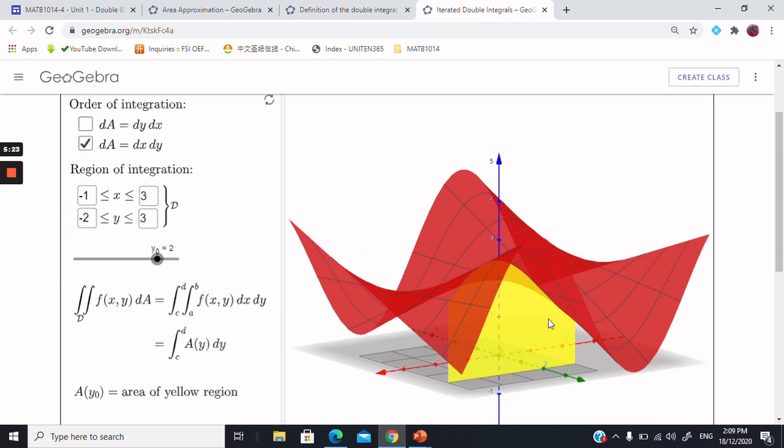In this graph, we want to find the volume of the solid bounded by the upper surface f(x,y) and the planes x equals -1, x equals 3, y equals -2, and y equals 3. If we look at these inequalities, we'll be able to see the region. It will be easier if we just refer to the projection of the solid at the xy plane to find the limits.